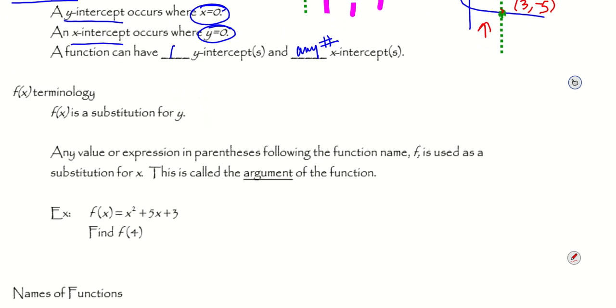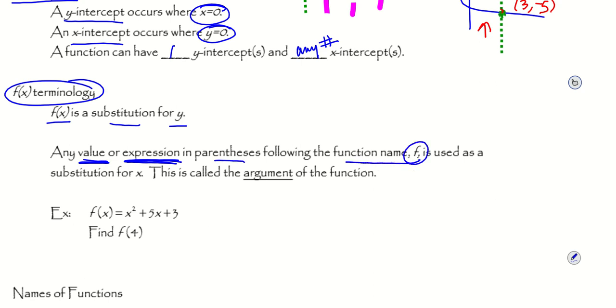Another thing we're familiar with is function terminology, f of x terminology, where we use f of x as a substitution for y. We know that in function notation, any value or expression, so any single number or any mathematical combination of numbers, in parentheses following the function name, generically we use f, but it could be any letter, is used as a substitution for x. So if I have that f of x is equal to x squared plus 5x plus 3, then what I know is the x is holding the place of my input.